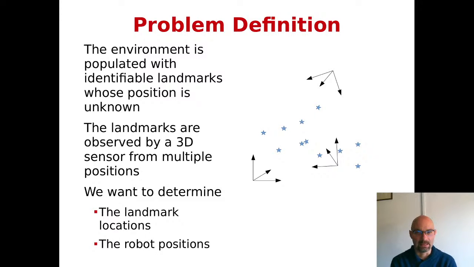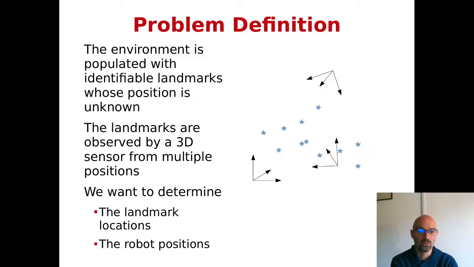But at the beginning, in this problem, we assume them to be identifiable. So we have a scene consisting of a set of 3D points, and this set of 3D points is seen by a device which is capable of revealing their relative transformation, their relative position with respect to its own reference frame.